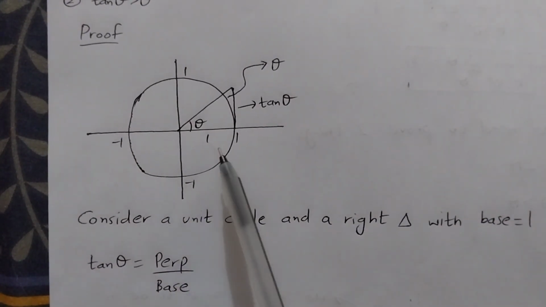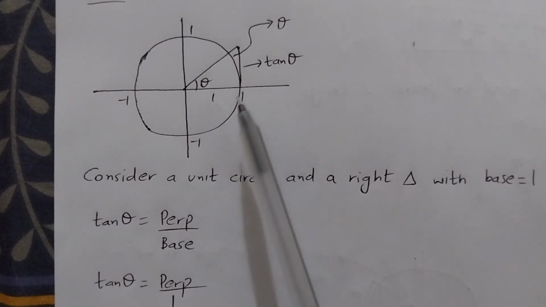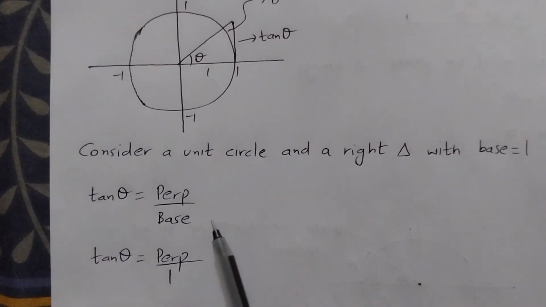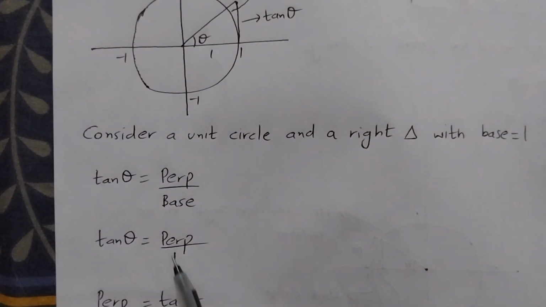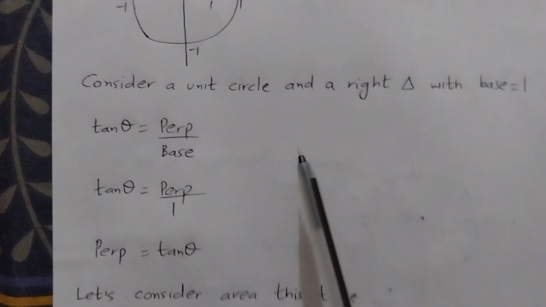So here our base is 1. We have constructed the triangle in that way that our base is exactly this radius, and radius is 1. So perpendicular over base becomes perpendicular over 1, and from here perpendicular is equal to tan theta.